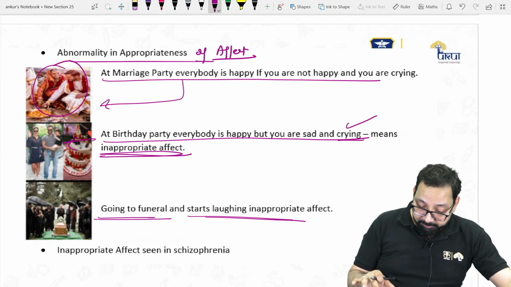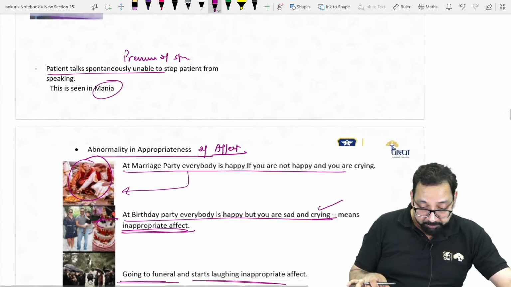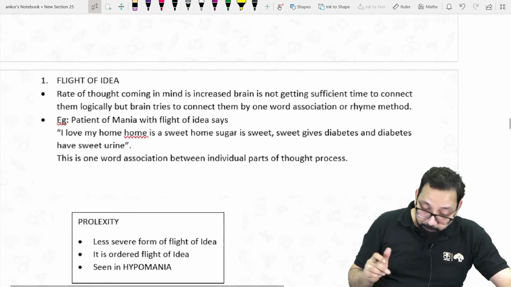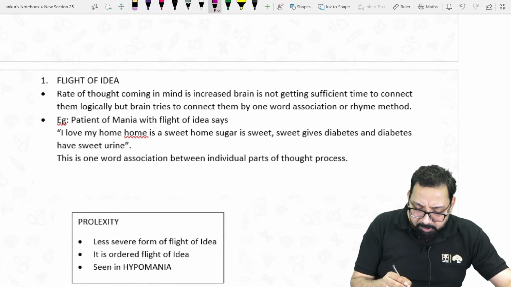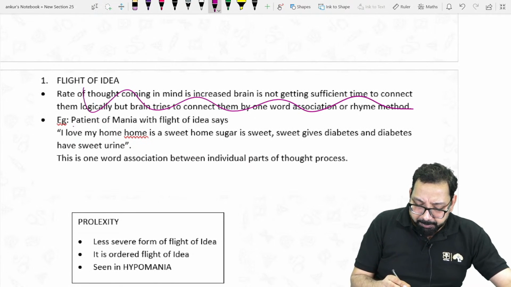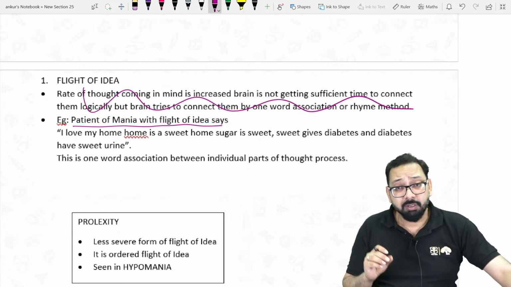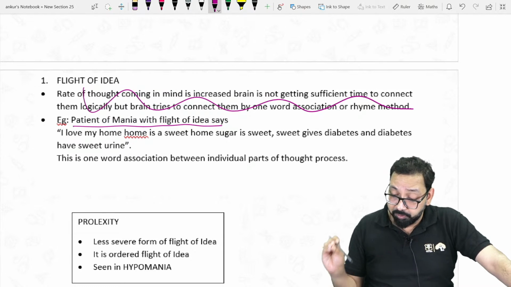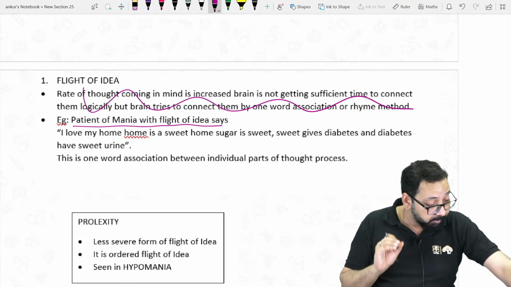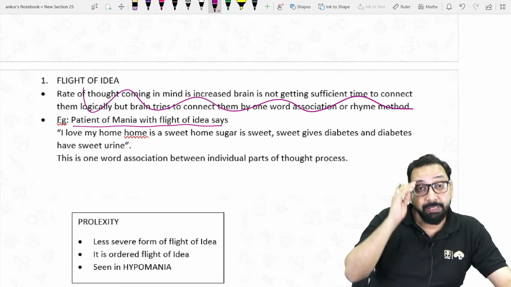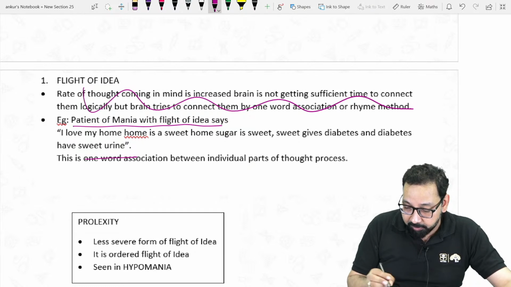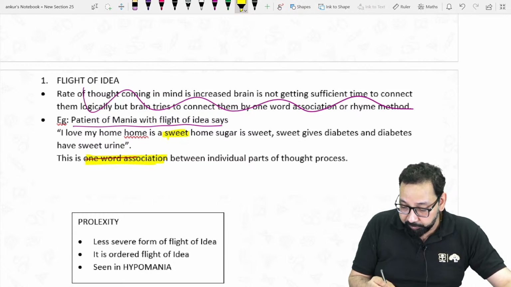No, prolixity I am going to describe, don't worry. This is flight of idea. Even if you don't remember this, a patient of mania says: I love my home, home is sweet, home sugar is sweet, sweet gives diabetes, diabetes has sweet urine. Means speed is fast and there is one word association, sweet, sweet.